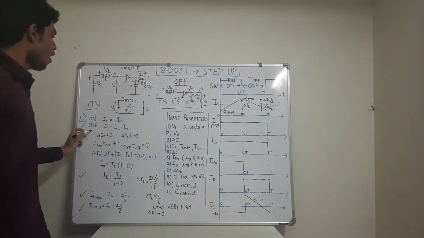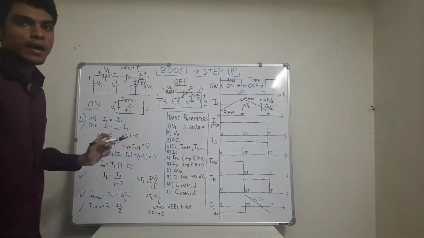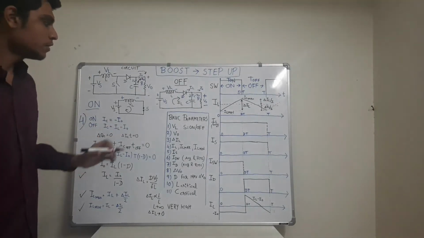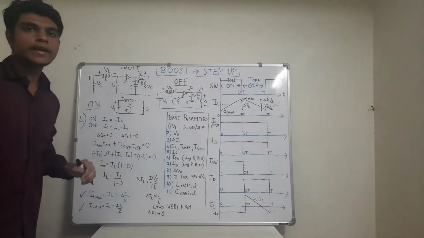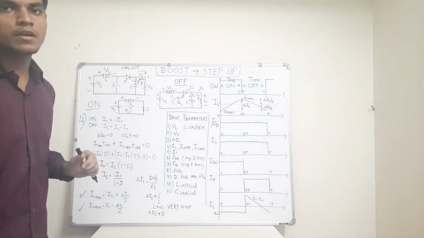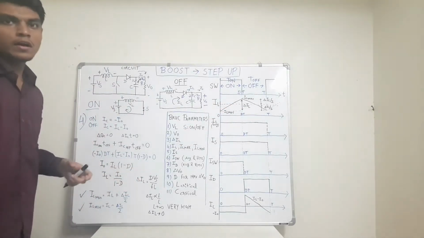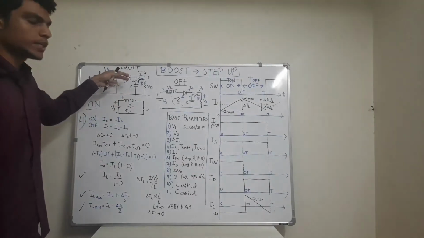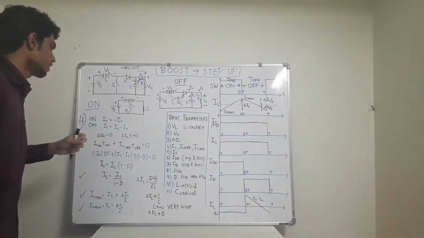Therefore, during off time, the capacitor current equals IL minus I naught. Now, for the stability of this capacitor, the net charge gained by it, del QC, during one complete cycle should be equal to 0. Otherwise, it will keep on gaining charge and gain a very high amount of energy.